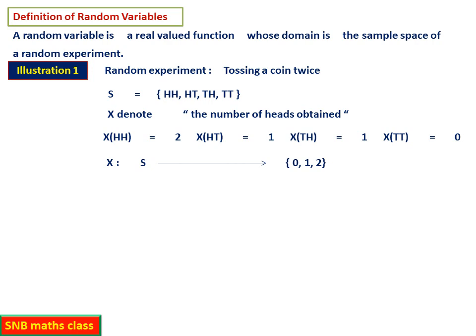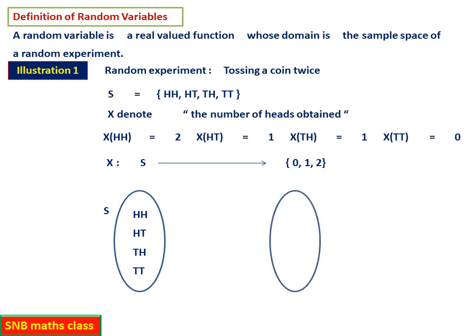It is very clear here. It is something like F of HH, but instead of F, we are using X. X of HH is 2, which means HH goes to 2, HT goes to 1, TH also goes to 1, and TT goes to 0. Therefore, we can draw the diagram like this. This is the first set S, which consists of HH, HT, TH and TT.